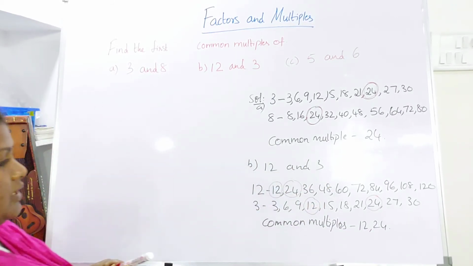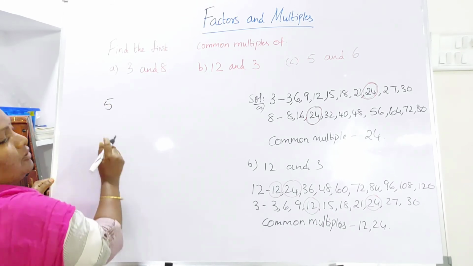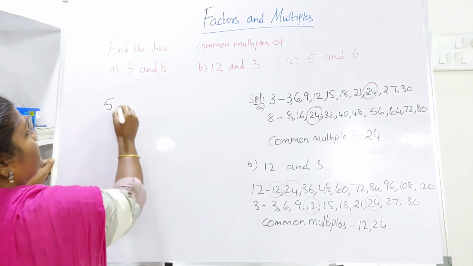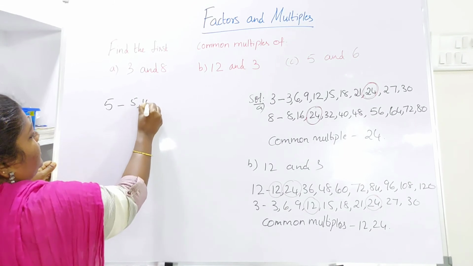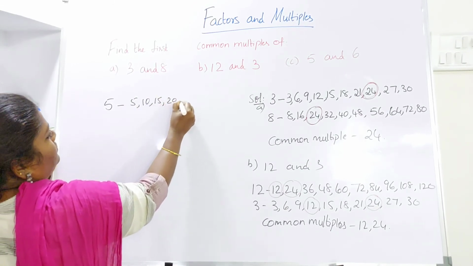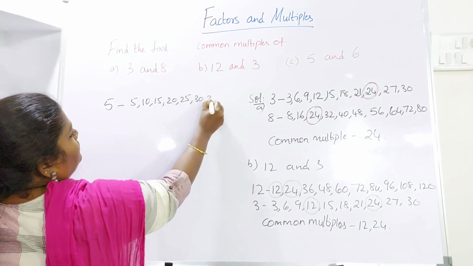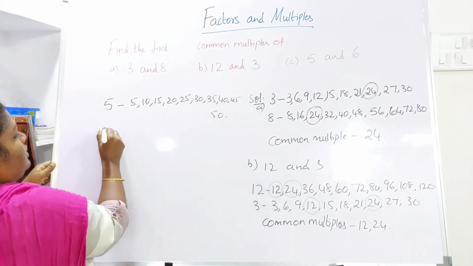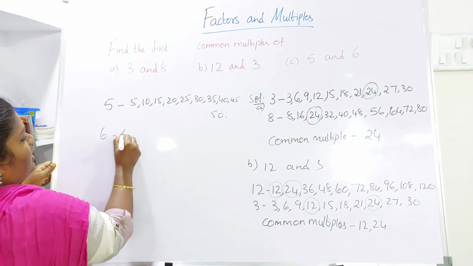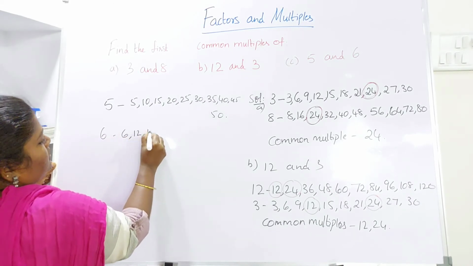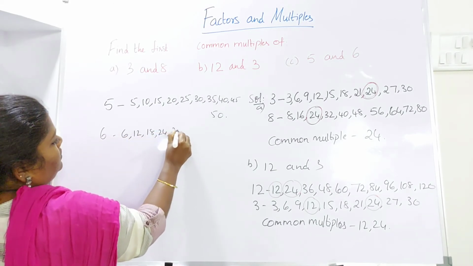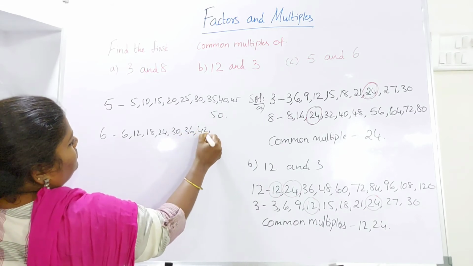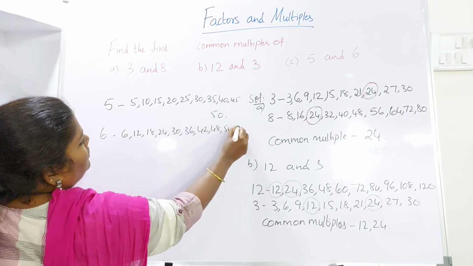So the next one, 5 and 6. Write down the multiples of 5, that is 5, 10. Multiples of 6 are listed.